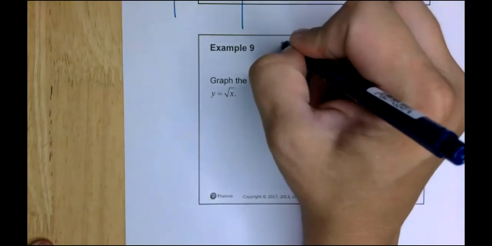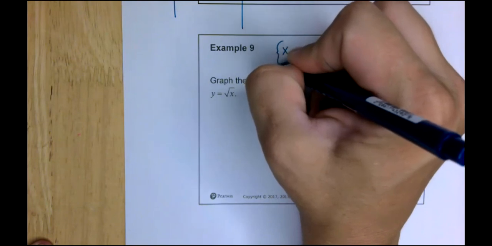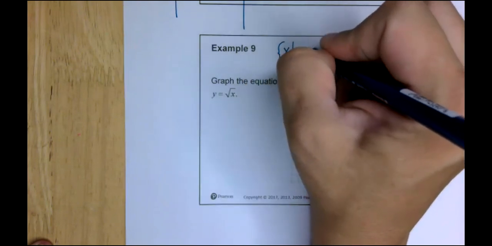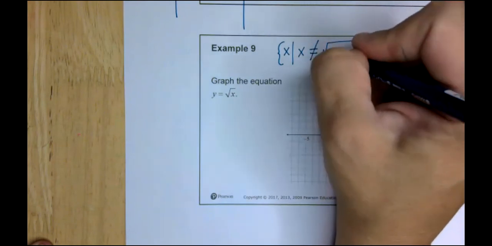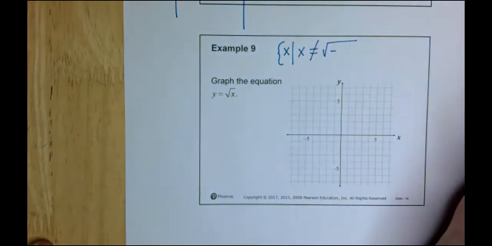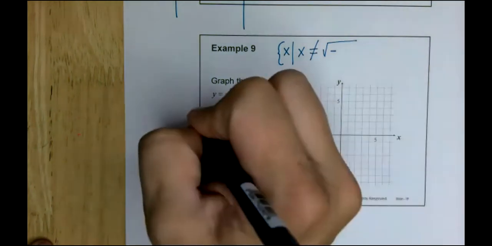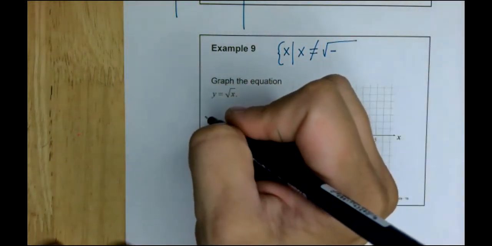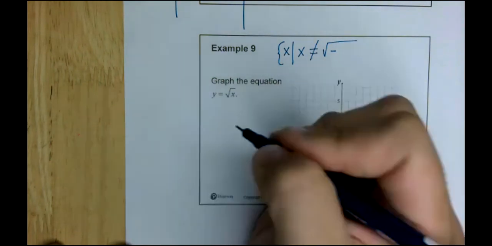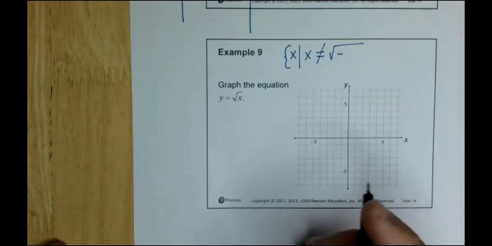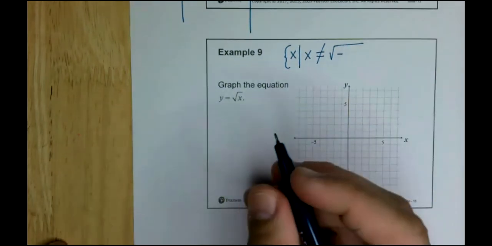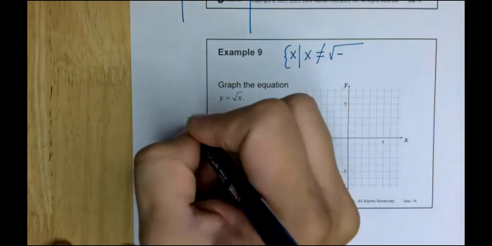Remember domain, x is never negative under the square root. So we won't even try it, and we will look at what the graph looks like on Desmos afterwards. So we won't put any negatives in. I'll just start at 0.